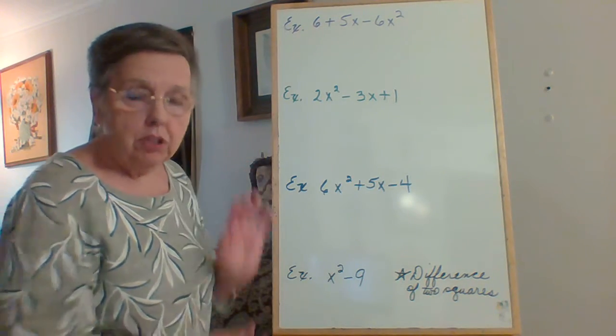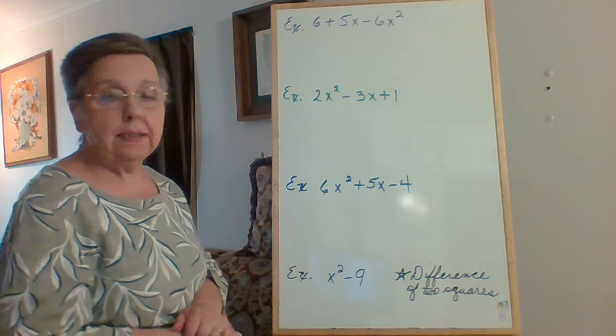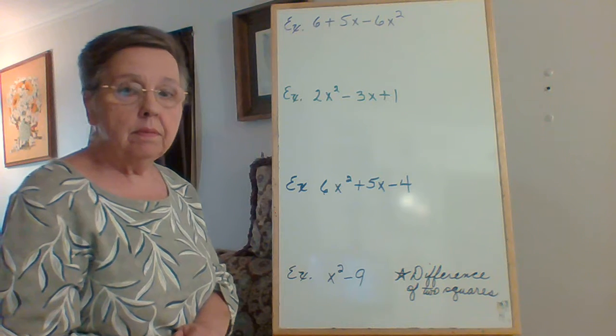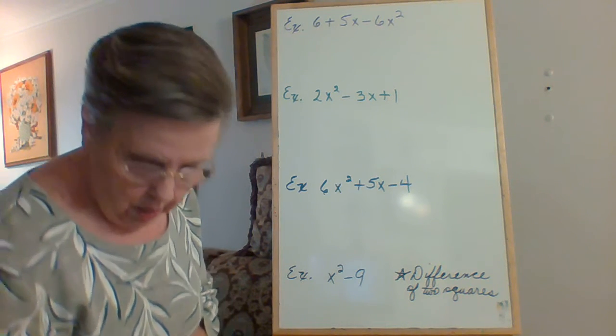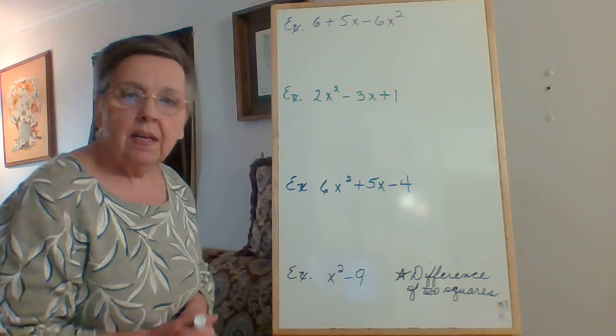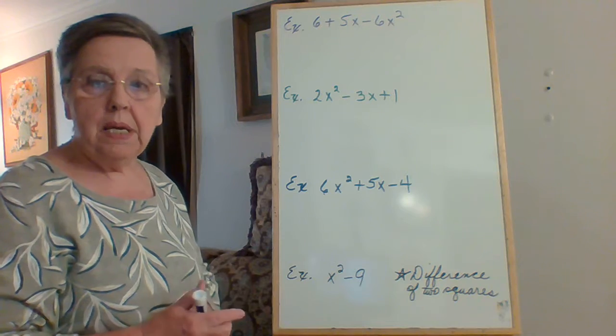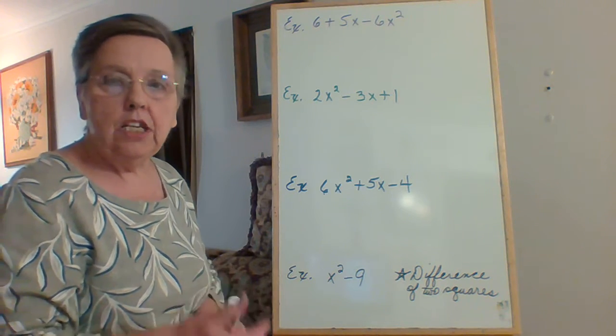A few more examples. So let's start with this 6 plus 5x minus 6x squared. The number is in the first position. So when I choose my parentheses, the number will be in the first position in each parentheses.